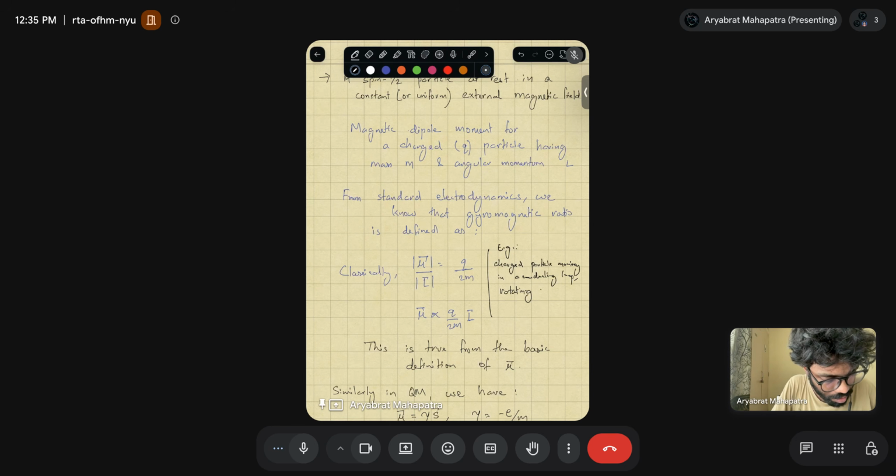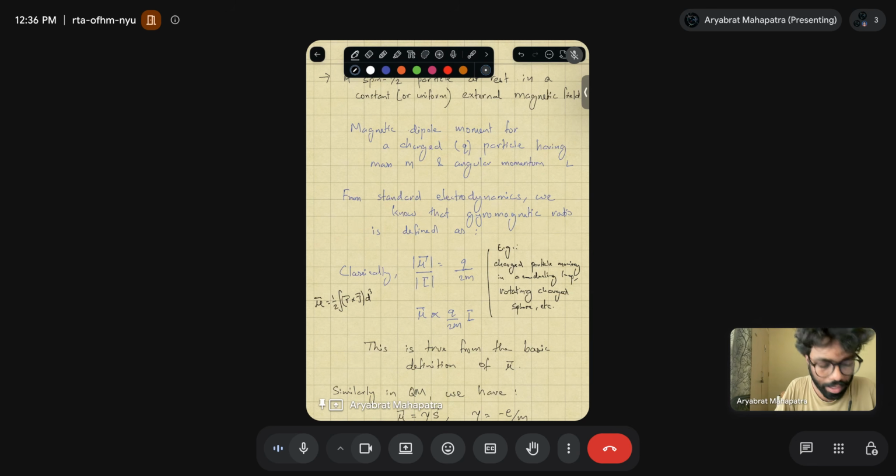In electrodynamics, if you remember from your course, the magnetic moment can be given as r cross J, where J is your current density, and you integrate it over the volume.